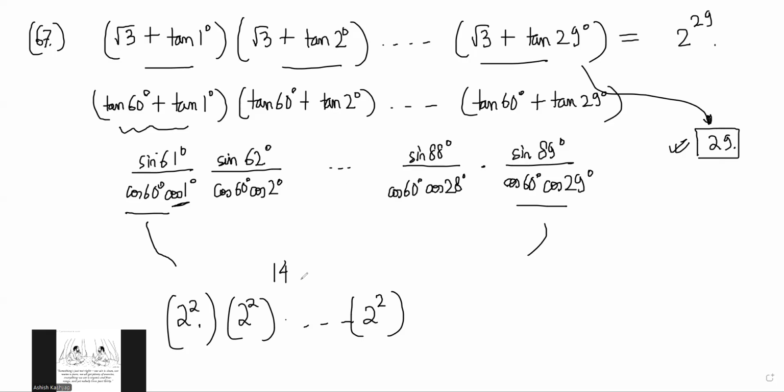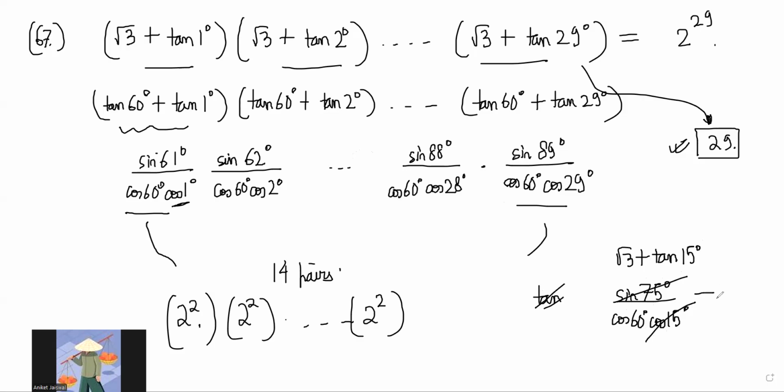There will be 14 such pairs, and then the middle term, the 15th one, will be root 3 plus tan 15 degree, right? It will become sin 75 by cos 60 cos 15. And notice that cos 15 will cancel sin 75, and this will become 2. So, okay.